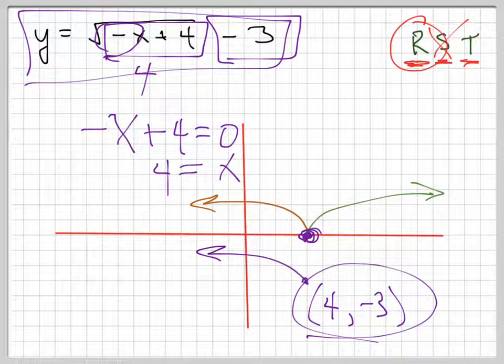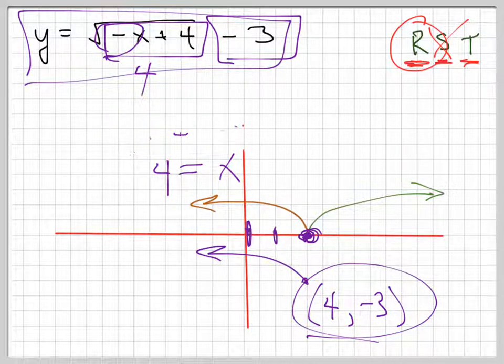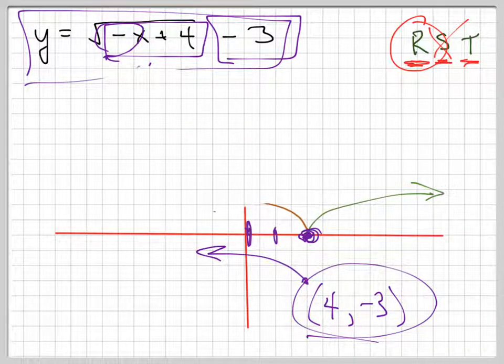One other thing you can do is put another point in, like 0. Put in 0 for x and see what you get. When I plug in 0 for x, what should I get? I should get something negative or around 0, right?